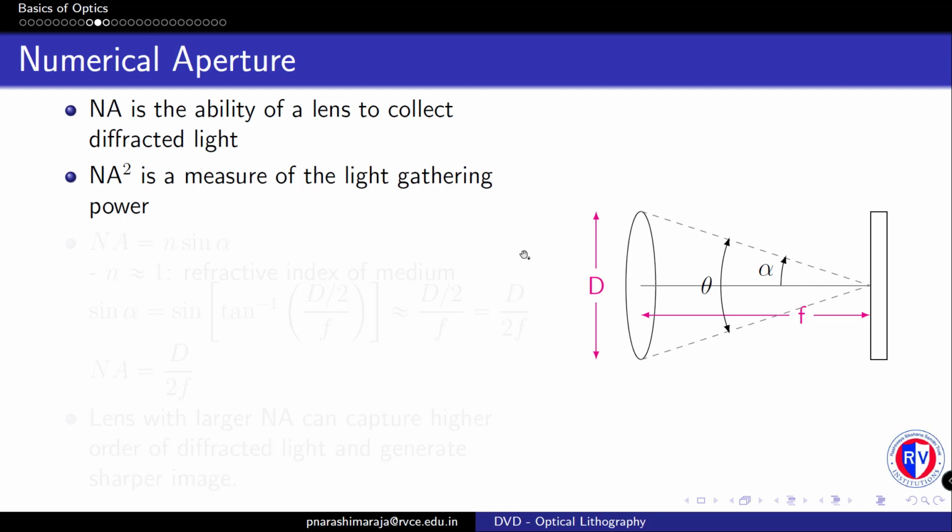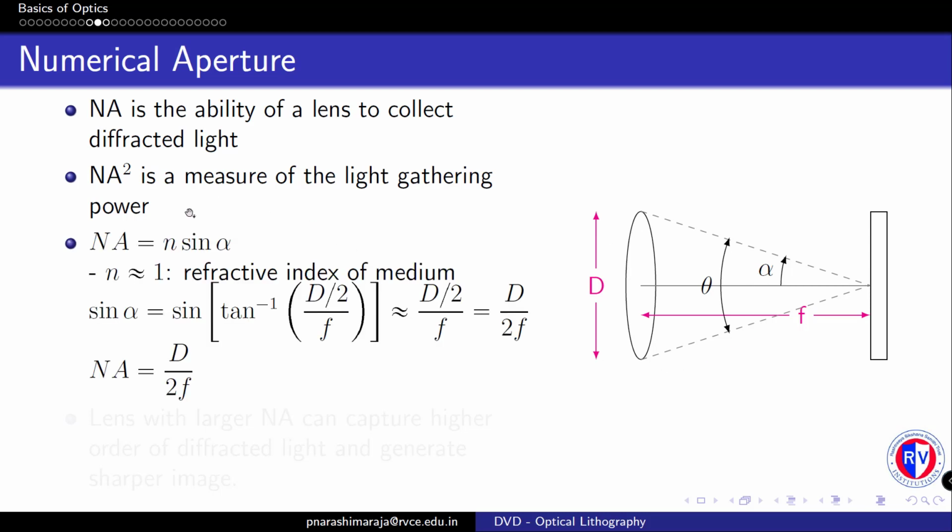Based on the image on the right, one can express the numerical aperture as the refractive index n of the medium times sine alpha, where alpha is the angle between the center of the lens and one of its edges. Now, if this angle alpha is pretty small, then one could approximate sine alpha to be equal to the radius of the lens divided by the focal length of the lens.